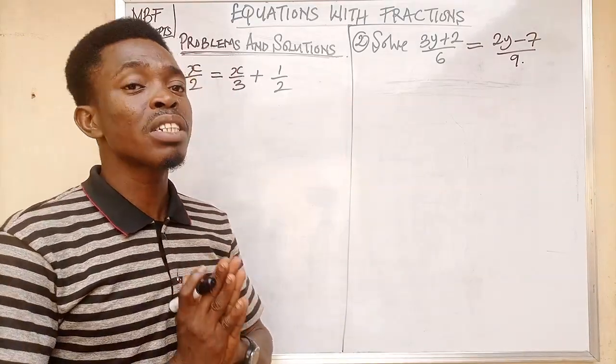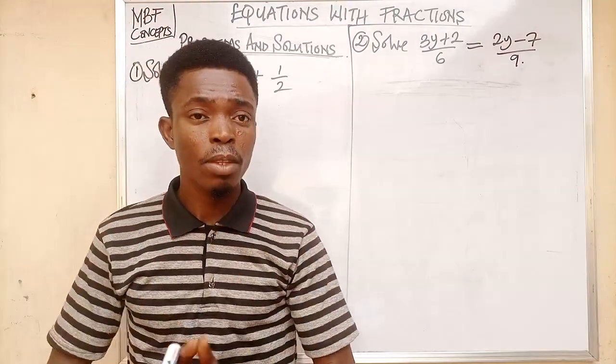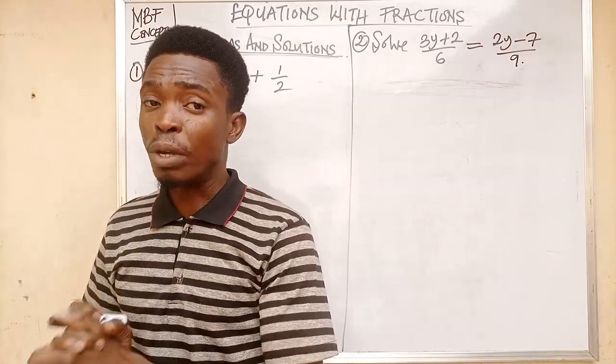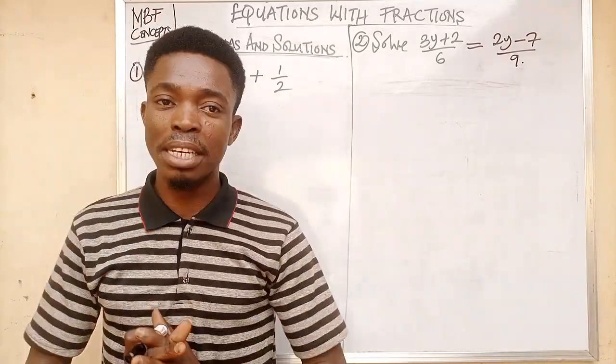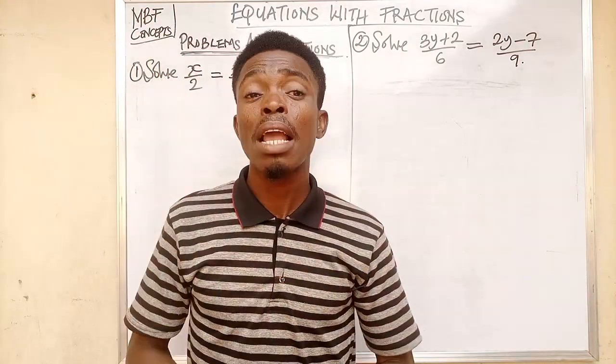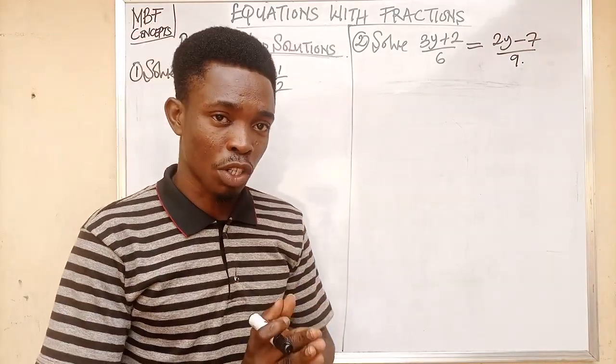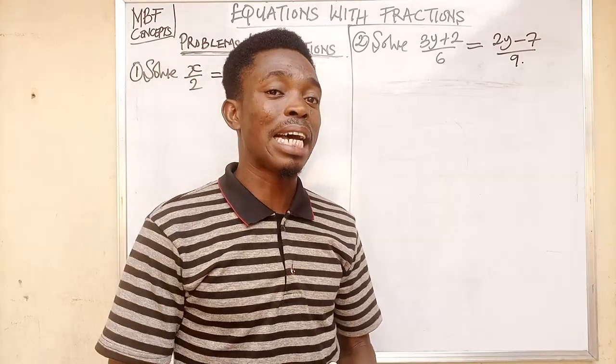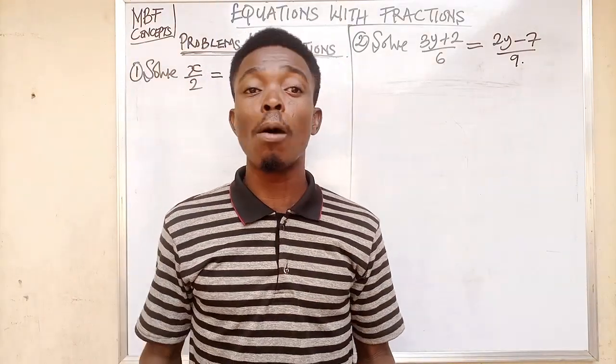Guys, we have looked at direct linear equations. We have looked at equations with brackets. Now we are going to be looking at equations with fractions. As you can remember, when we were looking at direct equations, I explained that there are two operations that you perform.